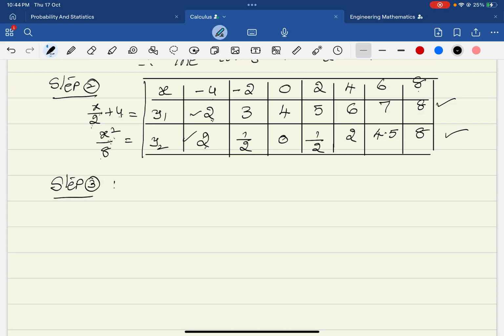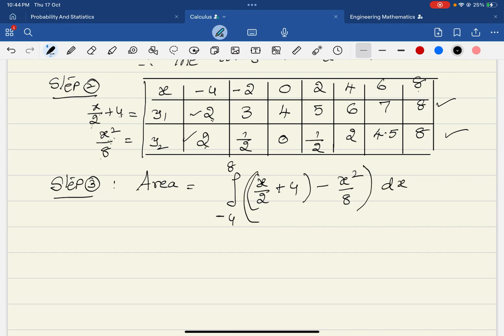Step 3 is what? The area is given by the integral with the limits minus 4 to 8. Now what is the first equation? x by 2 plus 4 is the first equation, minus x square by 8 is the second equation, dx.